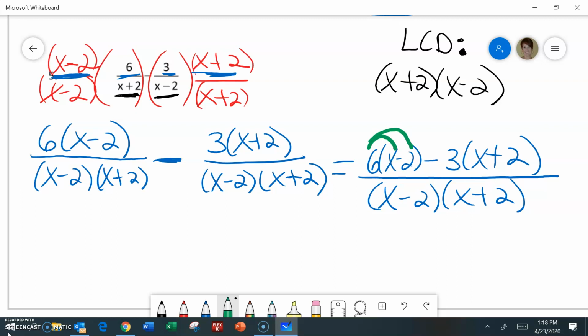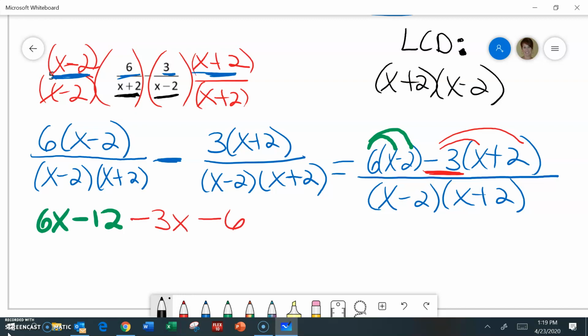That's going to give us 6x minus 12. Now, right here, I'm going to put it in red. This is a minus 3. So you're distributing a negative 3. That's going to give you minus 3x minus 6. And then all over our common denominator.